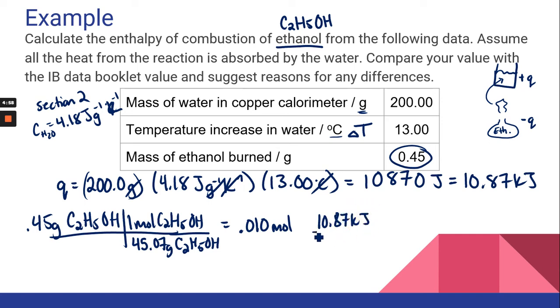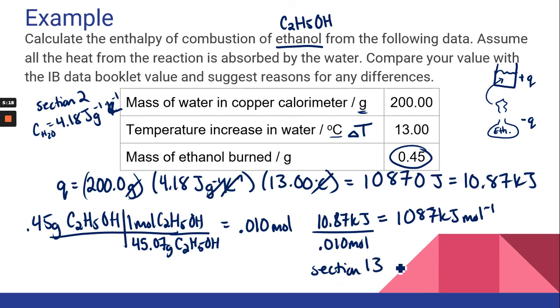So we take our kilojoules and we do it per mole that was actually combusted, and we get 1,087 kilojoules per mole. Now, if we were to look in the data booklet at section 13, we can see the heat of combustion for ethanol, and it's on the bottom of the first column there, is actually 1,367 kilojoules per mole. Now remember, the negative that's in front of it just means it's being released.